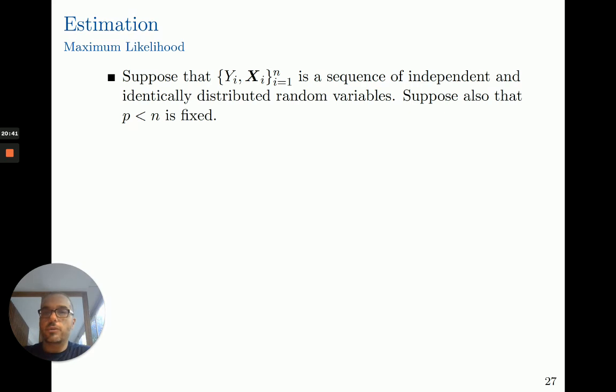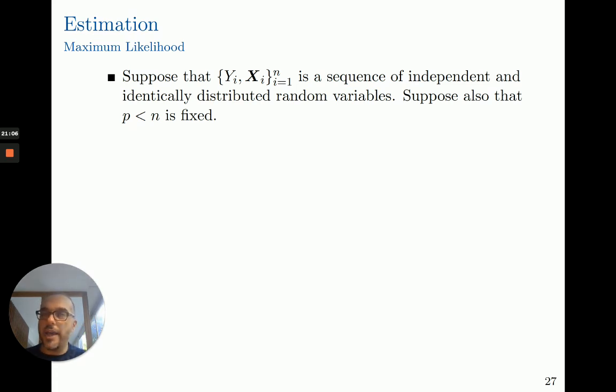So let's say that we have a sample where X is low dimension. How can we estimate the model? Suppose that (Y, X) is a sequence of independent and identically distributed random variables, and suppose also that P is less than N and fixed.